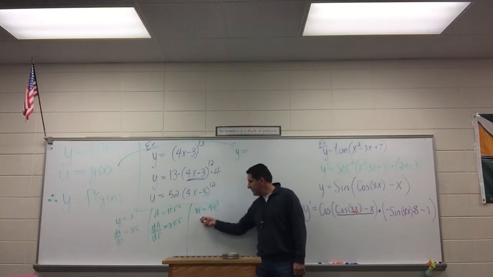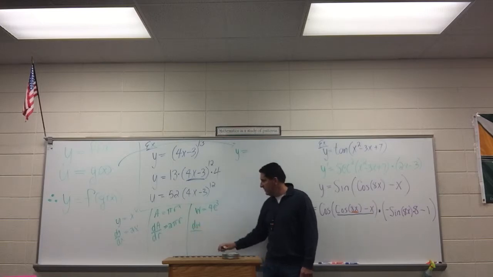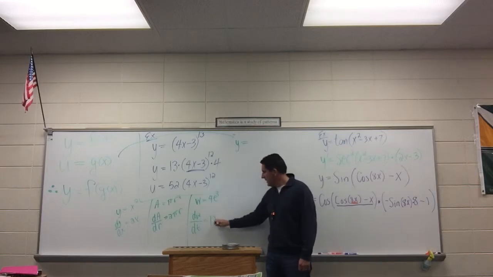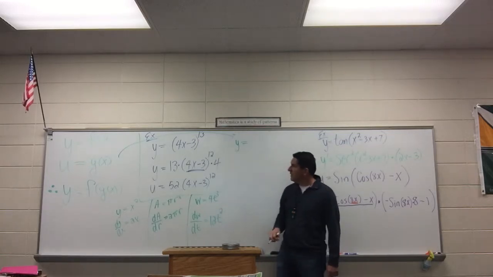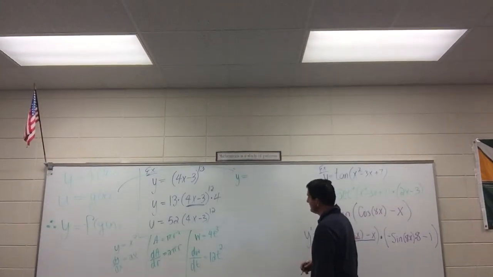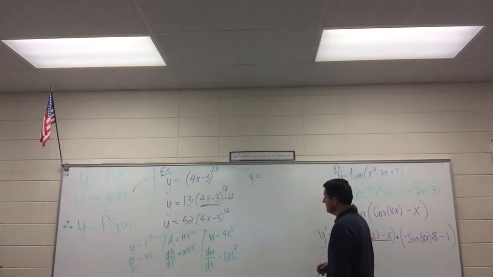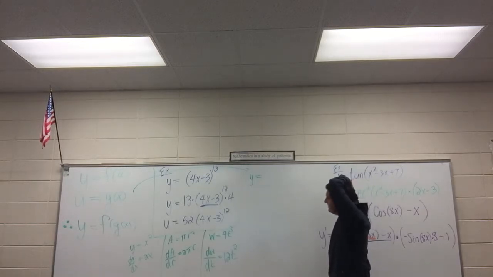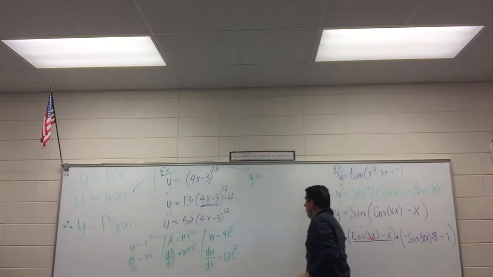So when I write the letters for the derivative, dw dt equals 12t squared. Okay? Now, back to what I was saying.